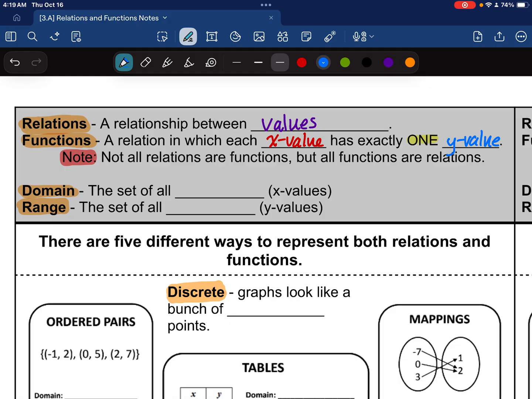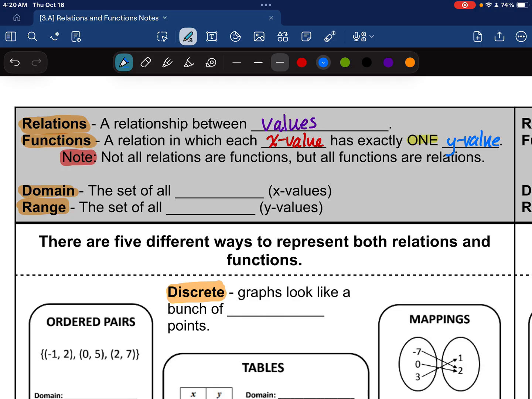Okay? So calculus, trigonometry, everything from here on out, geometry, requires you to have a function. So we're practicing figuring out if something is a function so that we know that our rules that we use later in math work. Okay?